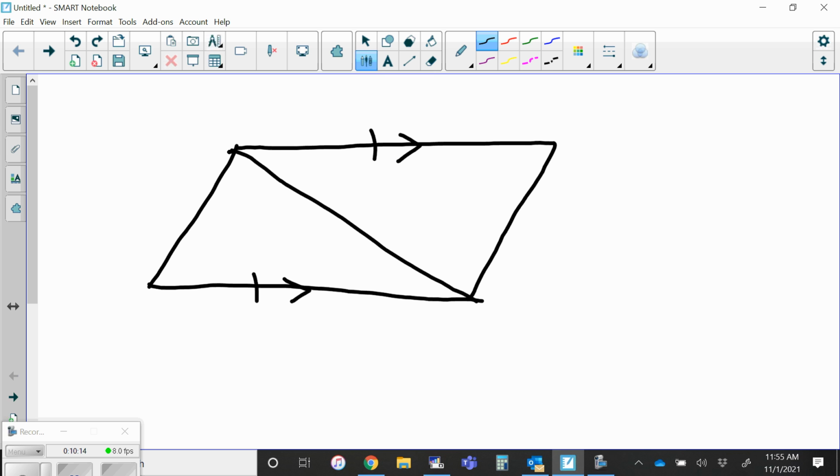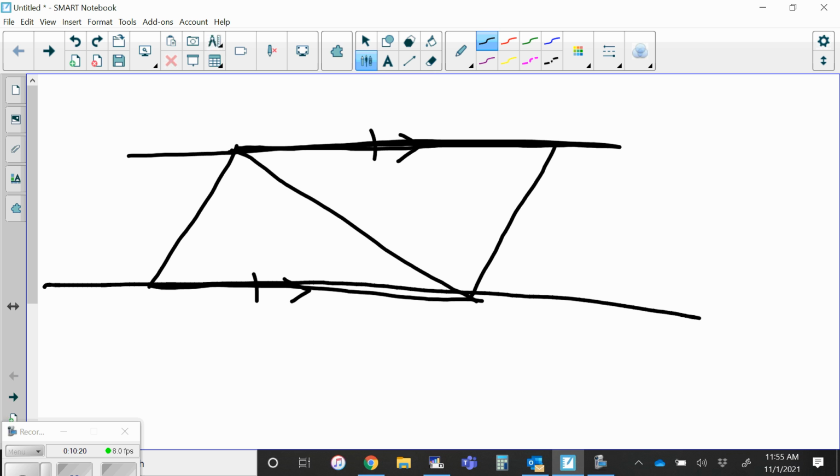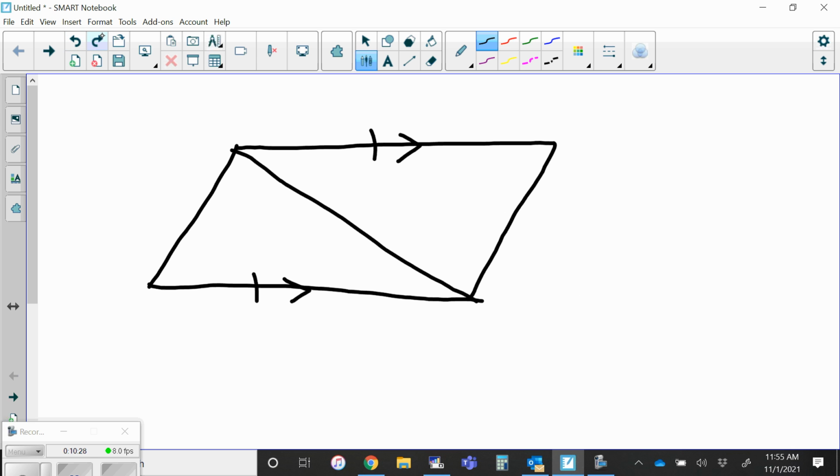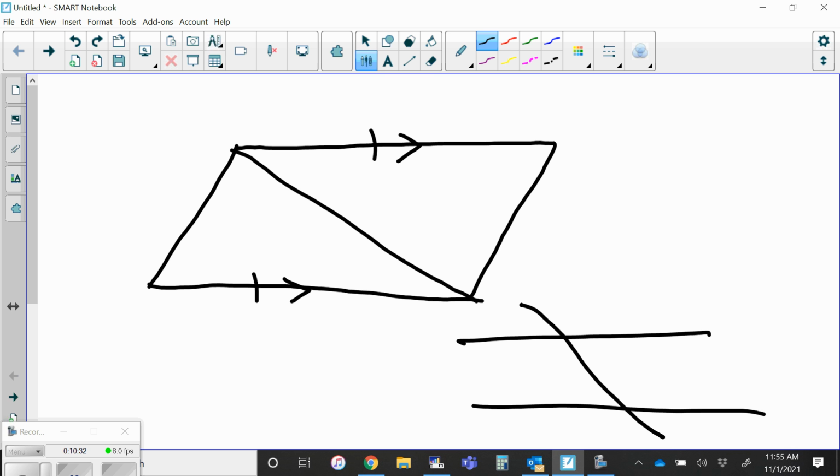Do you see this parallel line? Do you see the arrows? So, do you guys remember seeing something like this in my class? This was called a what? Transversal. Yep, that was called a transversal.